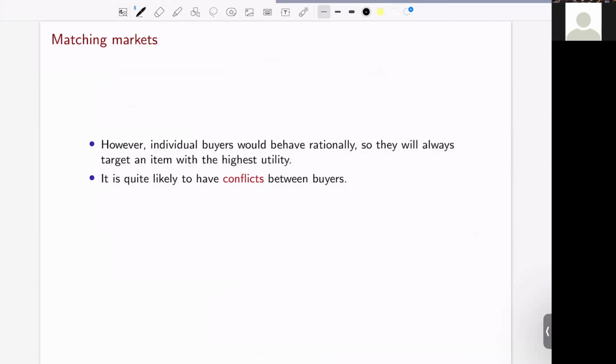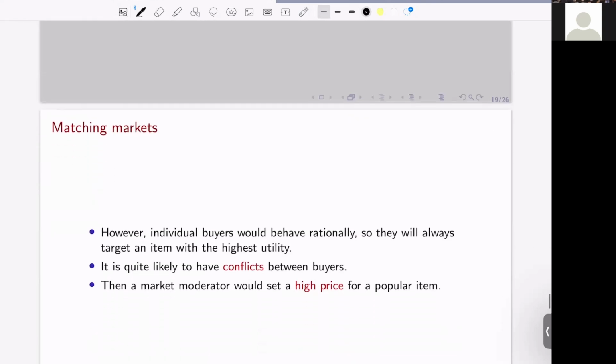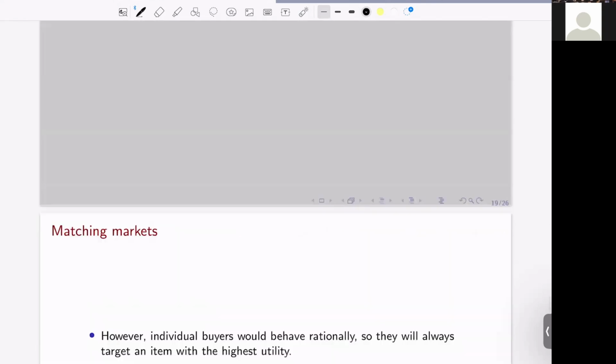Okay, it's like an auction. Two customers participate in an auction, and they still like this item, and they compete. What the auction market does is increase this price by some amount in every iteration until one person gets out, and that is the deal. So we're going to set a high price.